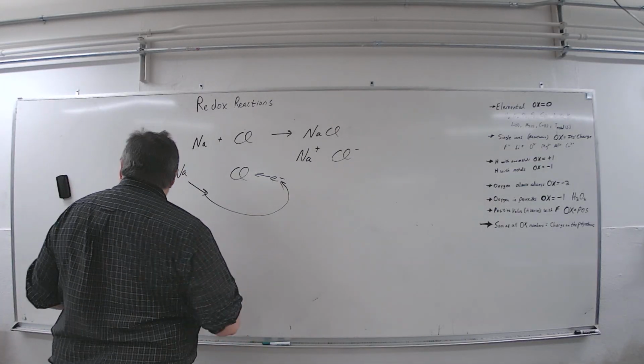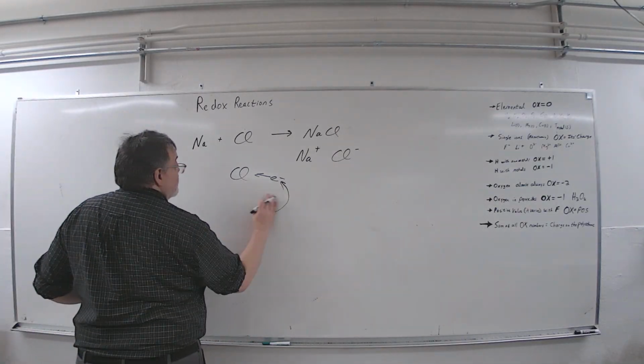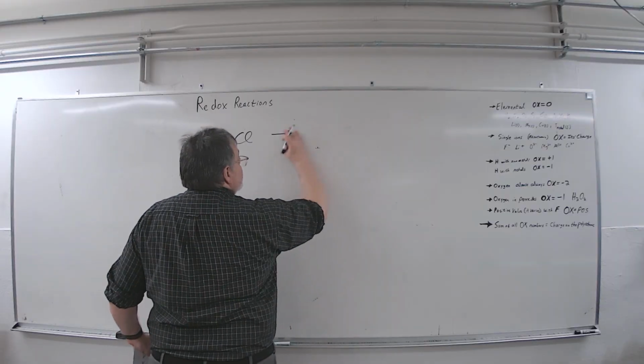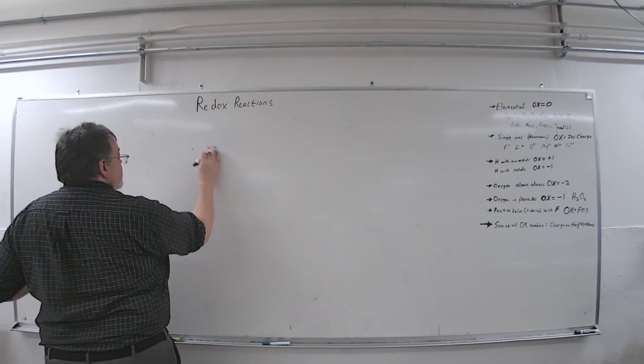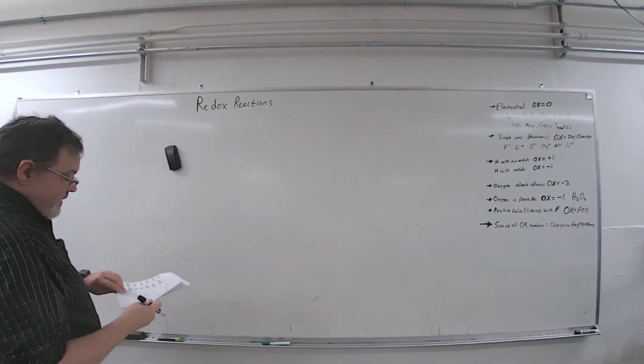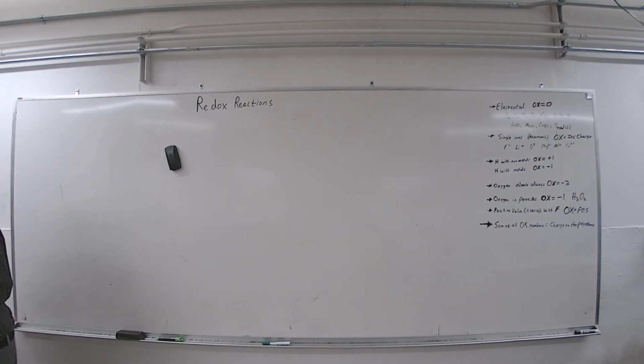So reactions like, not all reactions have an electron transfer. The ones that do are called redox reactions. It stands for oxidation reduction. And I'll tell you what that means in a minute, but I want to show you the reactions you've seen.